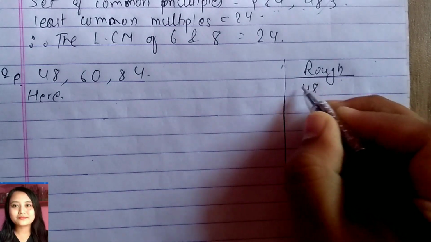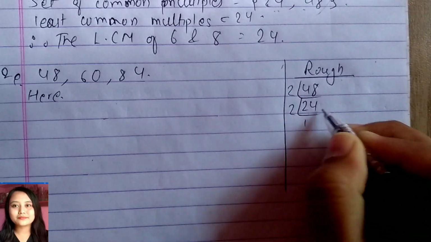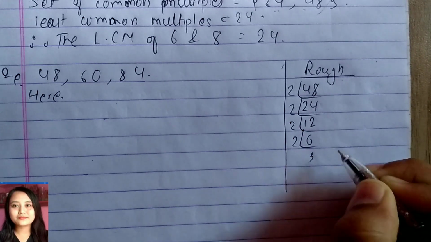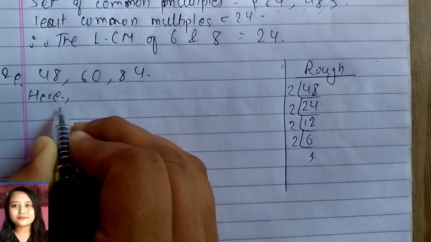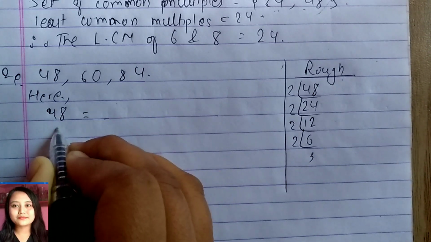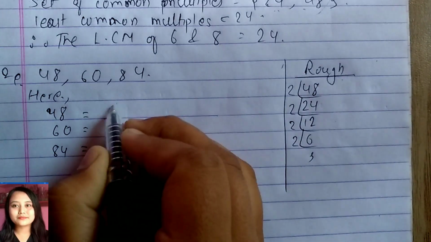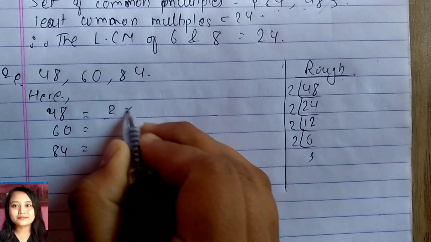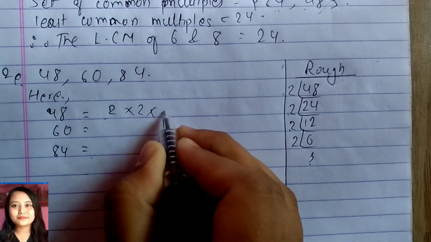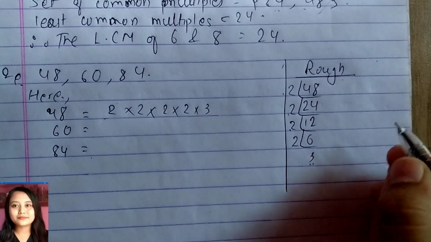For 48, dividing by 2 gives 24, then 12, then 6, then 3. So the prime factors are 2 into 2 into 2 into 2 into 3, four times 2 and 3 only one time.